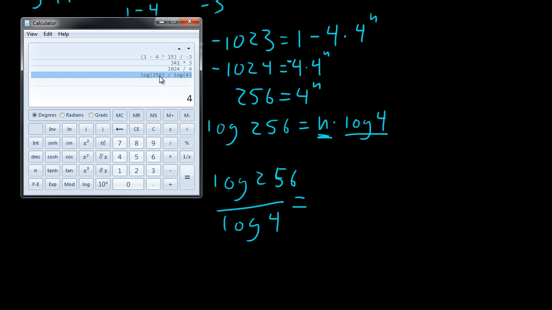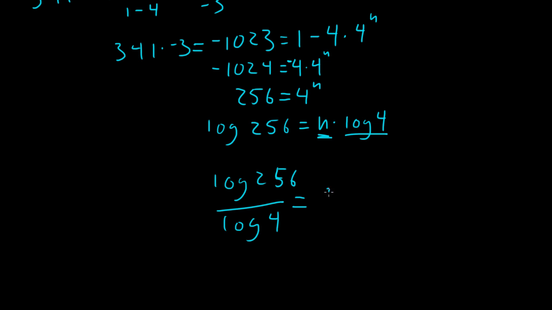As you saw me clicking, you saw these long decimal numbers. It's really just the ratio between the two. So log of 256 divided by log of 4 is equal to just 4. Alright, so let's come back here. We divided both sides by the log of 4, so 4 is just equal to n.